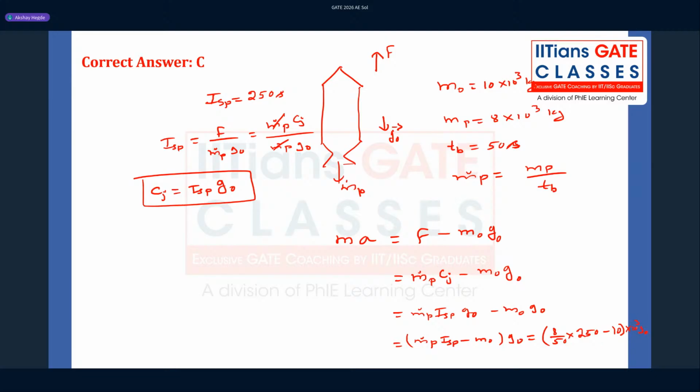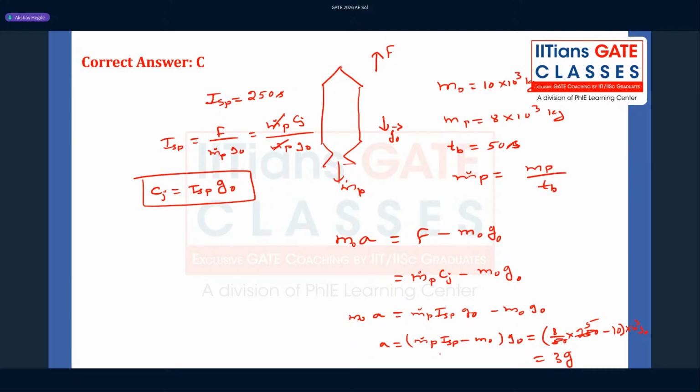So if I put all these conditions, 5, it will give me 3 times g, right? So that is nothing but m naught times a. Sorry, yes, so I have to divide it by m naught.